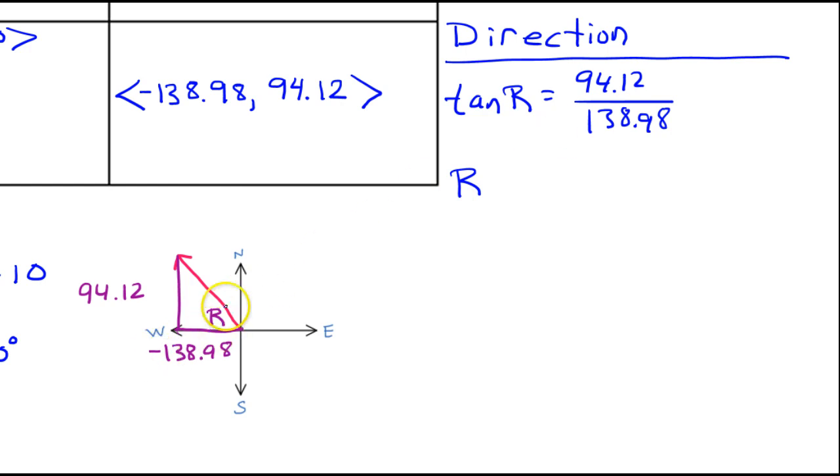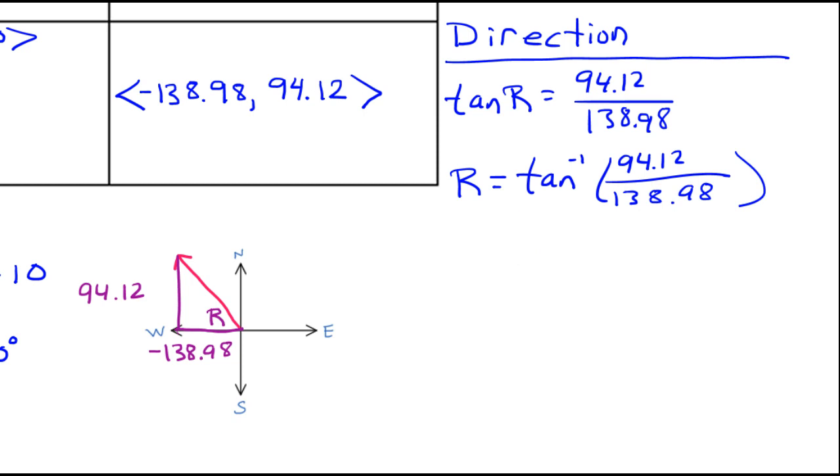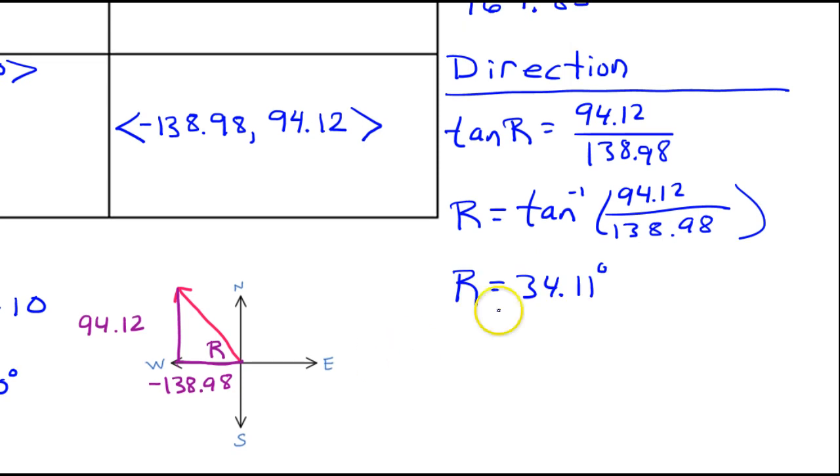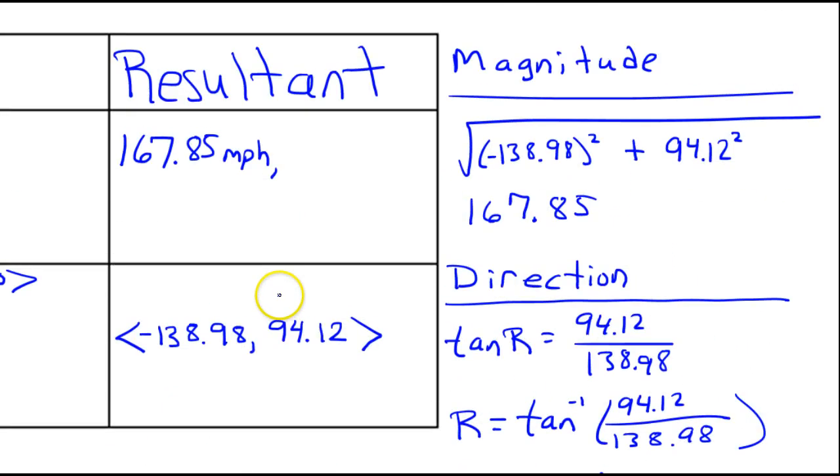That's because I just want the positive value of R. So the measure of angle R will equal the inverse tangent of the fraction. Calculator. So the reference angle R is 34.11 degrees. Now we have to be very careful about how we write the direction in our final answer.